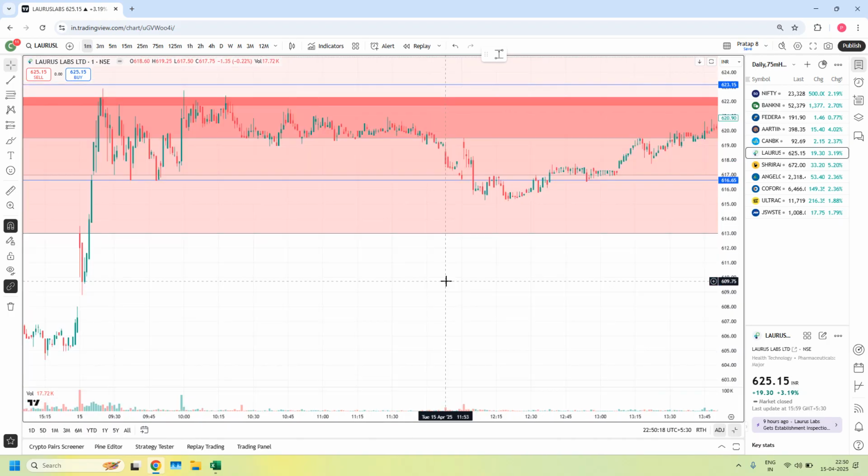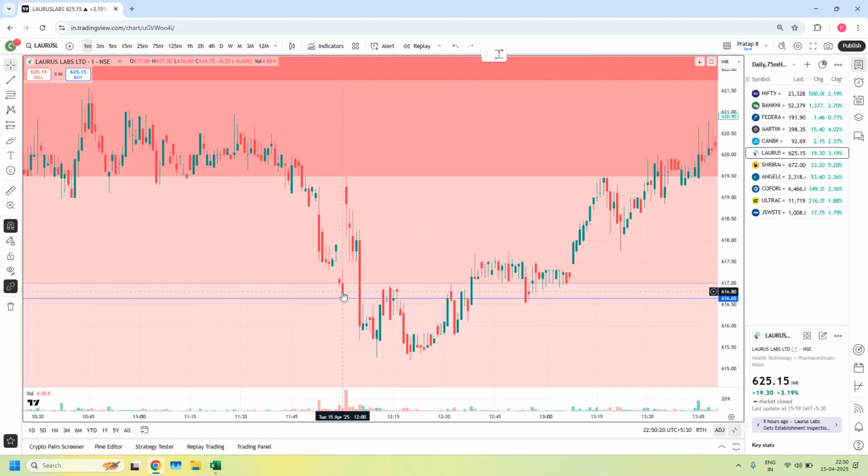In this candle mostly you should book the profit. Either in this candle, if not, this is the candle you have to book the profit. Got multiple opportunities here. Here again, this is the last opportunity to book the profit.